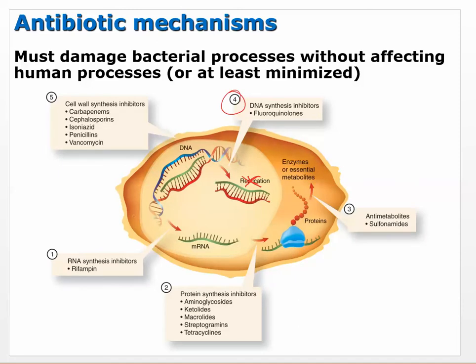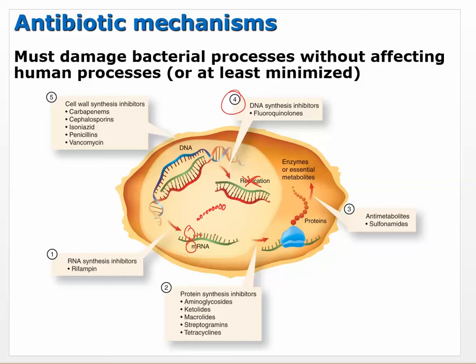But back to 1, the DNA is there to code for proteins, just like in every other organism. So the first thing it has to do is make messenger RNA, just like in people. Then the ribosomes bind to the messenger RNA, and then they start to make proteins. That's what we should have learned in physiology class. So there are drugs that don't allow this RNA to be made. Rifampin is a drug, an RNA synthesis inhibitor.